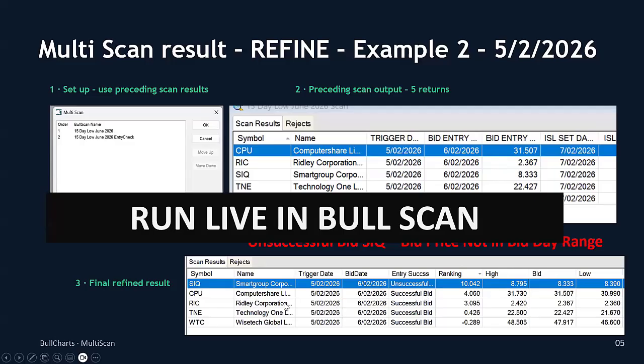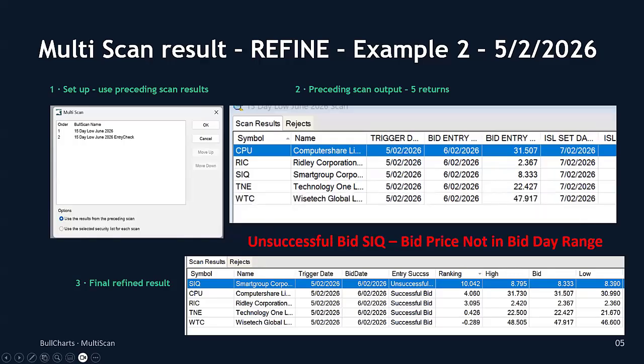You can see here that out of those 5, 4 were within the range. Now, that doesn't necessarily mean I'd bid them. It's just telling me as a metric that on that particular day, 4 of the 5 that returned on the scan were within range, and theoretically could have been entered the next day. So I'll run that.